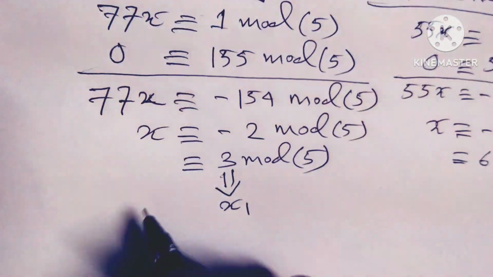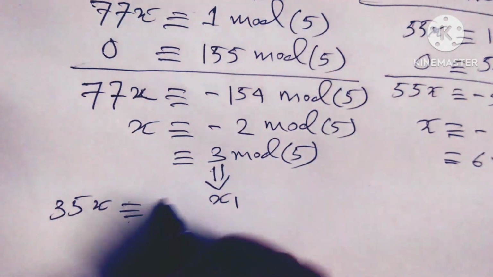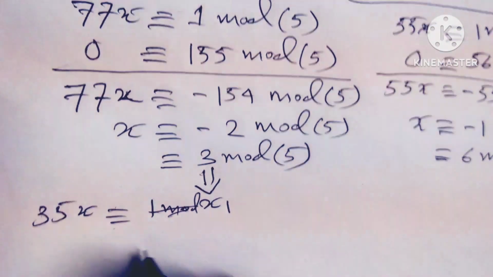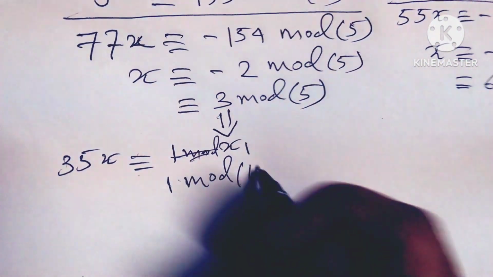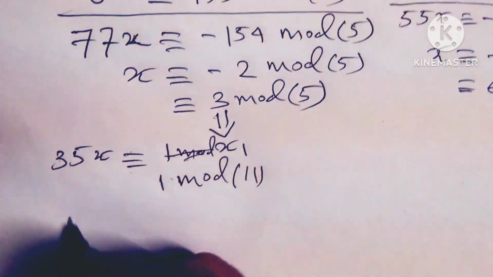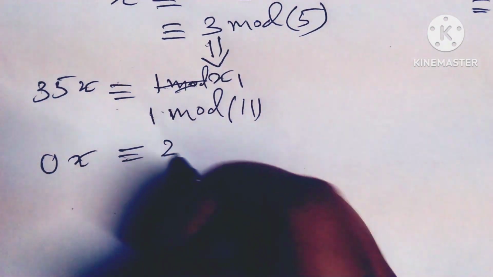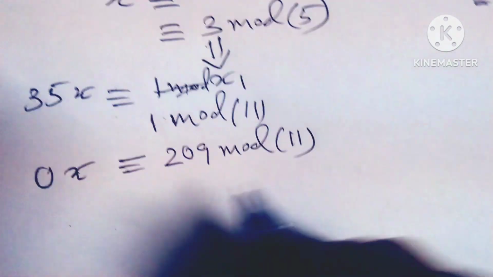And after that, 35x is congruent to 1 mod 11, and 0 is congruent to 209 mod 11.